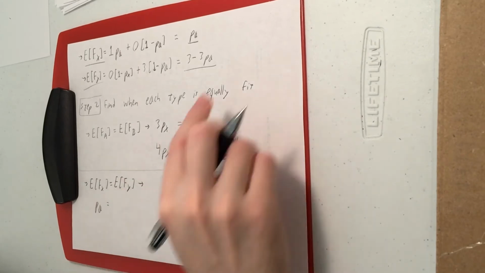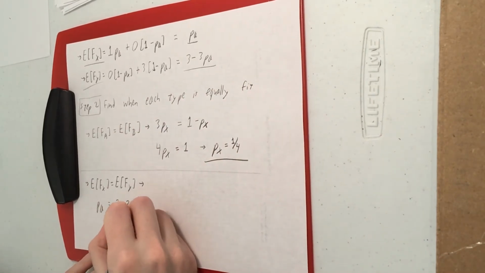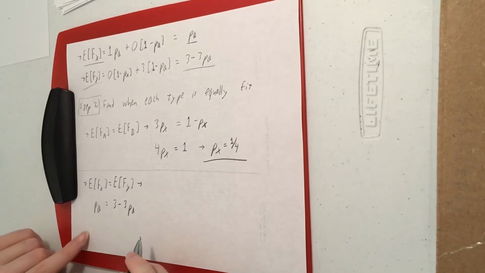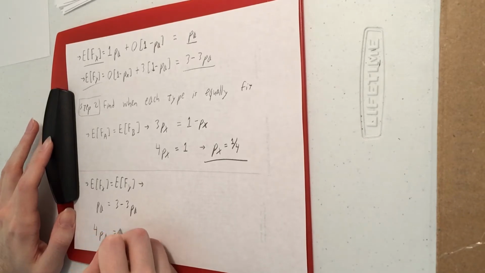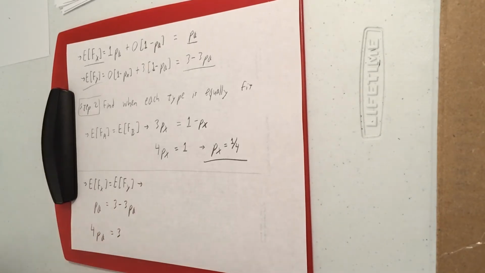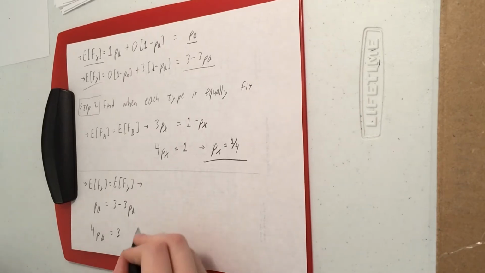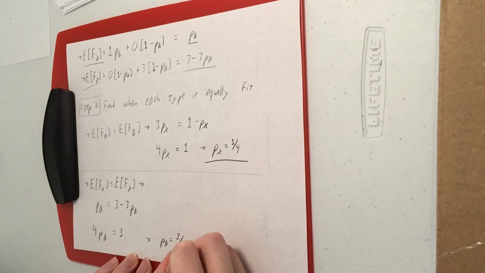The Y types have fitness 3 minus 3PA. So let's go and rearrange that. Let's add 3PA to both sides. This will become a 4PA. Then we have just 3 over there. Divide both sides by 4, and what we're going to be left with is that PA is 3 over 4.